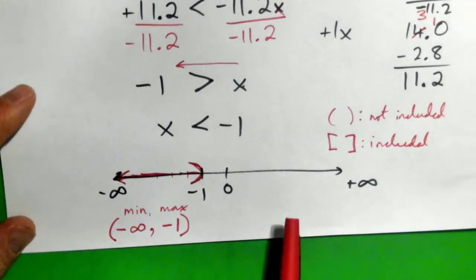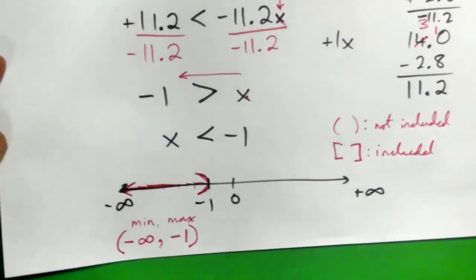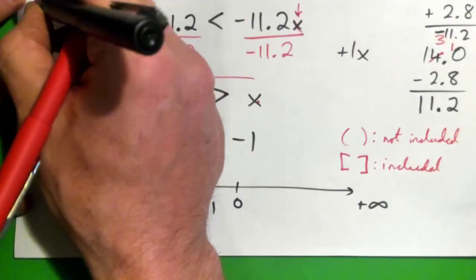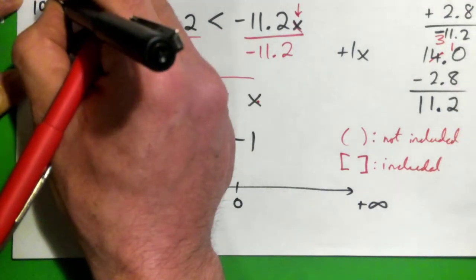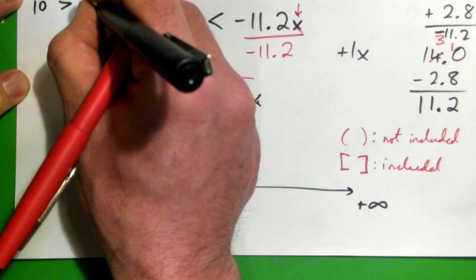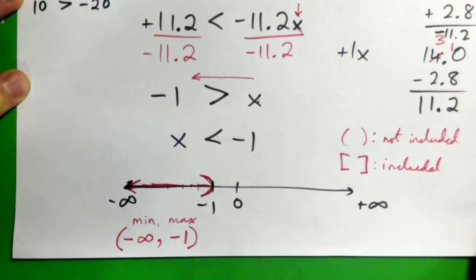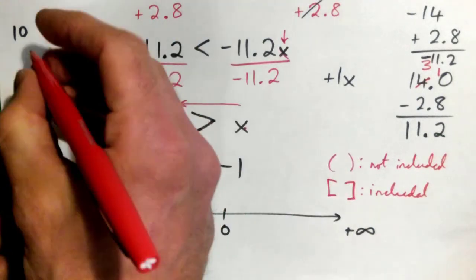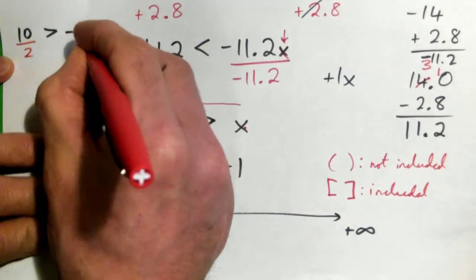And questions about flipping when you divide by a negative. I think we've explained that, but let me just give you an example. We know that 10 is definitely greater than, say, negative 20, isn't it? I just made that up. What happens when I divide both sides by a positive 2?